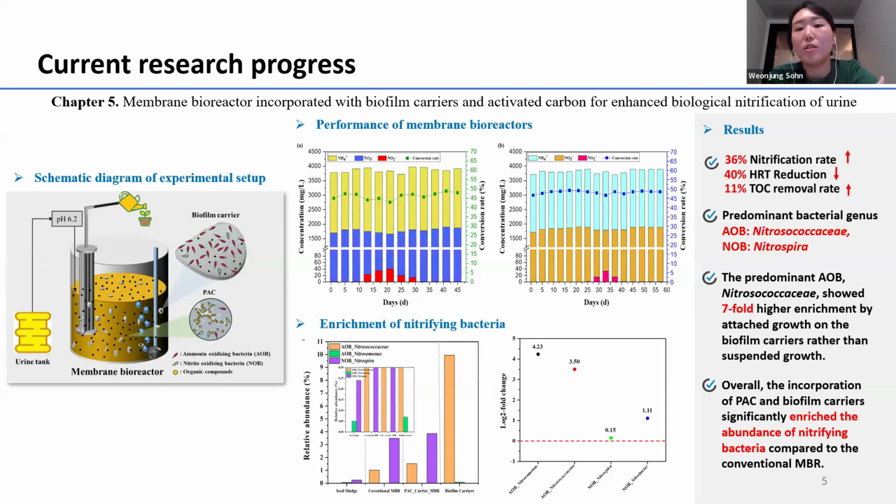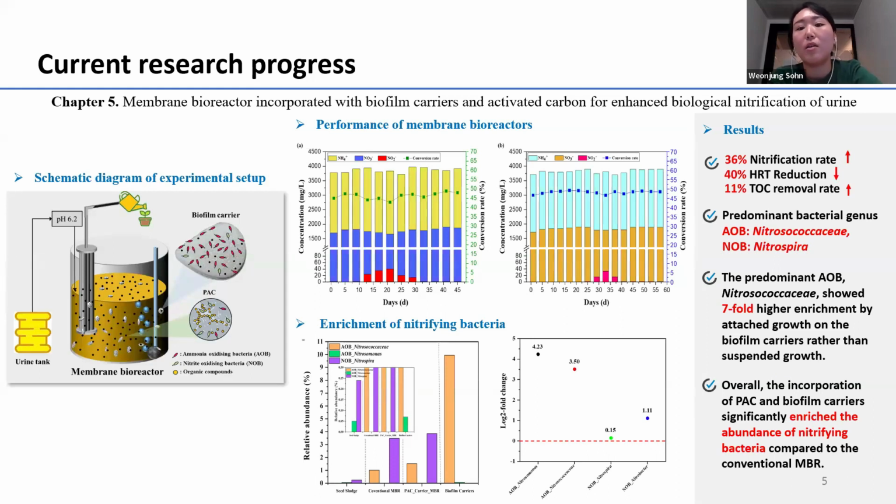Nitrosococcaceae was enriched as the main predominant AOB in this system because of higher salinity than wastewater. From the literature review, Nitrosococcaceae was the dominant AOB in marine systems or relatively high salinity wastewater systems. So I think that's why in my system this AOB was the predominant genus.